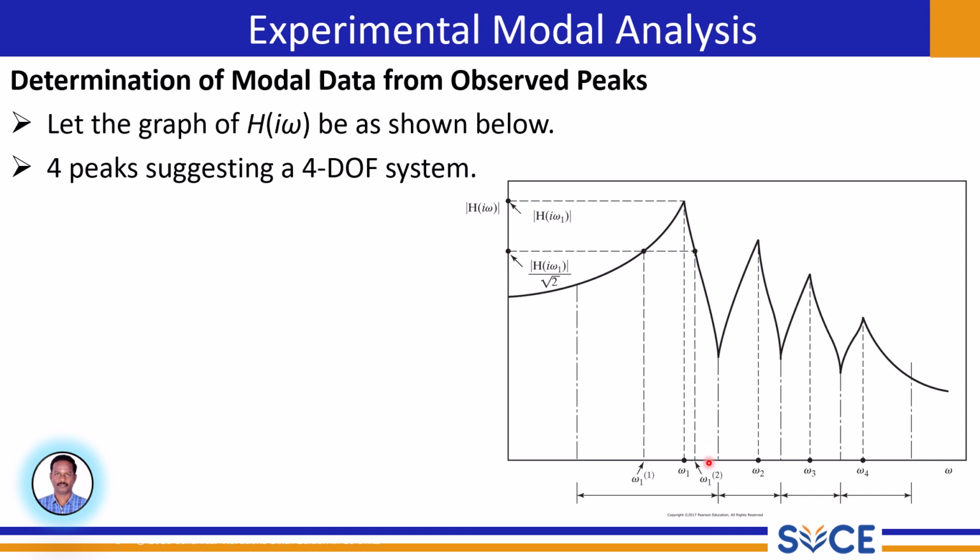So we can drop a vertical line by measuring 0.707 times the peak magnitude. These two frequencies are often referred to as half power points because the power dissipated by the system is proportional to the square of the response amplitude. So the damping ratio can be obtained by using this half power bandwidth method.